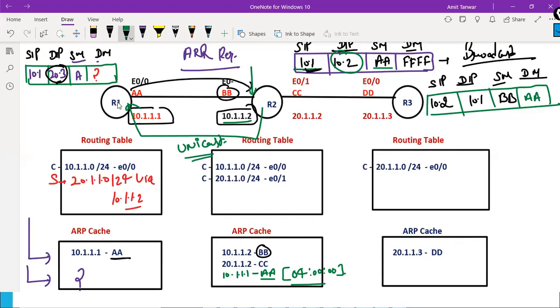Once the packet reaches Router 1, it will check it. The destination IP is 10.1 and the destination MAC is A, so this is for me.